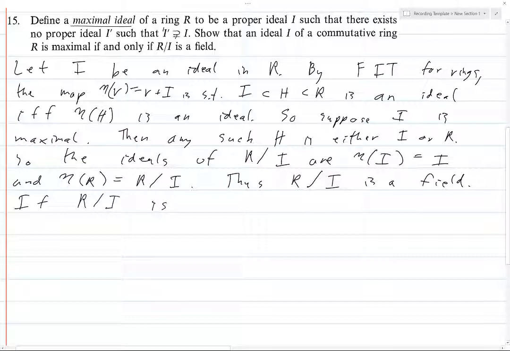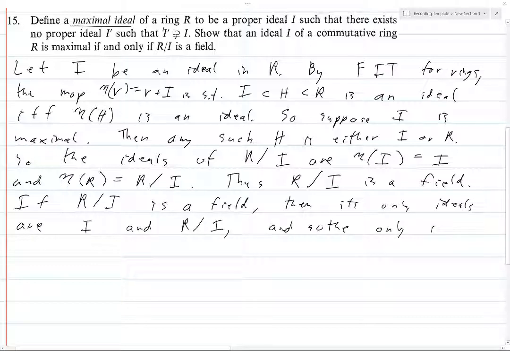If R mod I is a field, then its only ideals are I and R mod I, and the only ideals H such that I contained in H contained in R are I and R, so I is maximal.